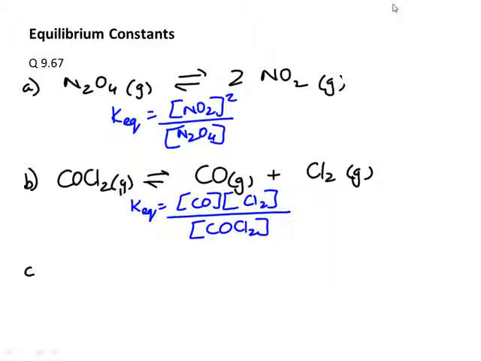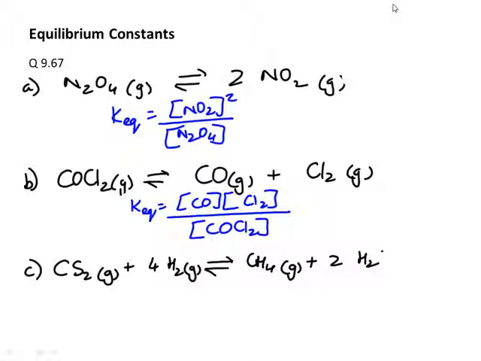Let's try one more. C: CS2 gas plus 4 hydrogen gas makes CH4 gas plus 2 H2S gas.